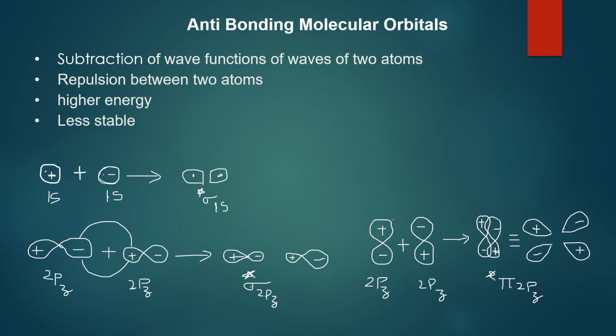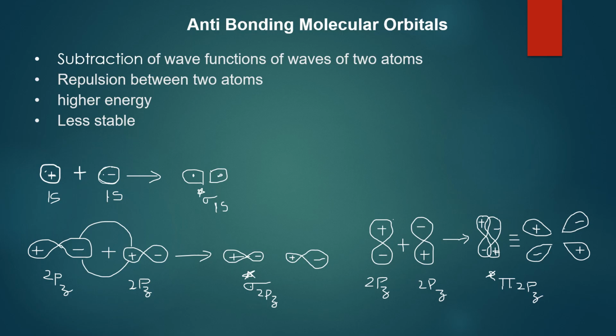Observe the second picture. Here the negative sign of one of the 2pz orbitals overlaps with the positive sign of another 2pz atomic orbital to form a sigma star 2pz anti-bonding molecular orbital. Here these two atomic orbitals are in a horizontal position to make a sigma bond formation. Here also we can observe the overlapping between the two opposite signs of two atomic orbitals.